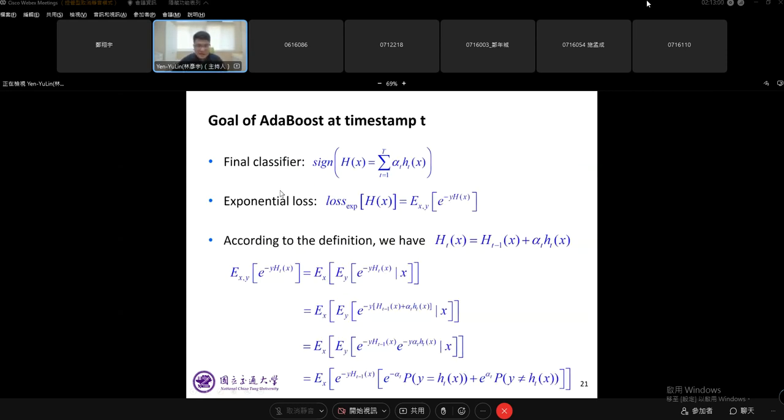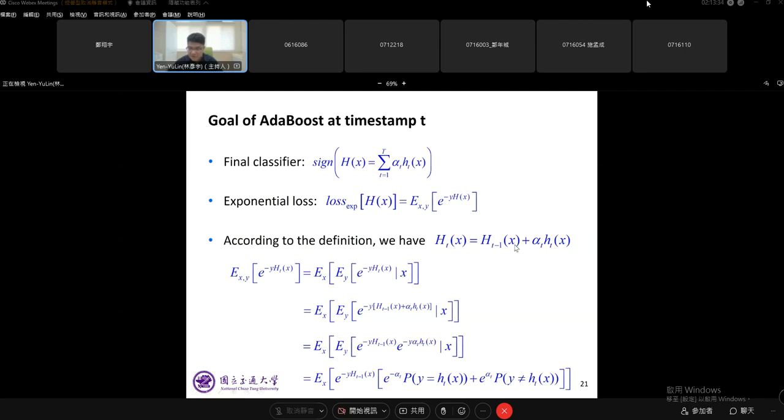In the first two items, I write down the formulation of the strong classifier and the exponential loss we just explained in the previous slide. We know AdaBoost is an iterative process. So at iteration T, this strong classifier can be divided into two parts.